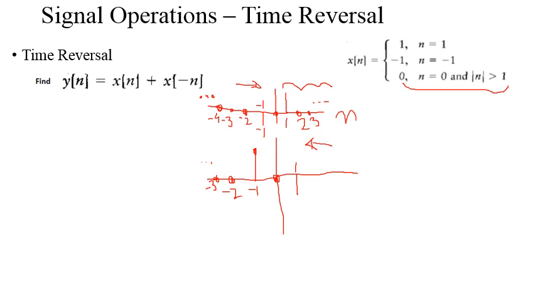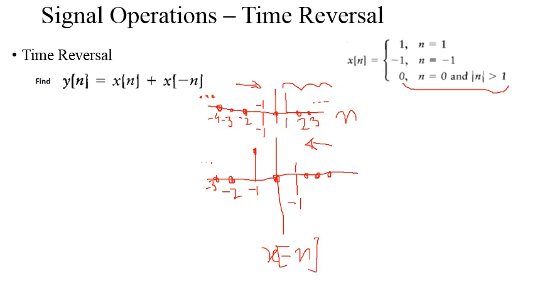So now the signal is 1 at n equals -1, it is -1 at n equals 1, and for all the rest of the values it is 0. So we say it is 0, 0, 0, and so on, right? So this is the signal you obtain, and we represent it by x of -n.